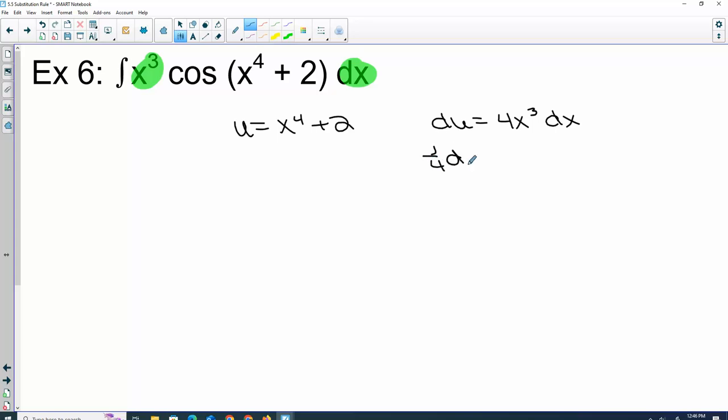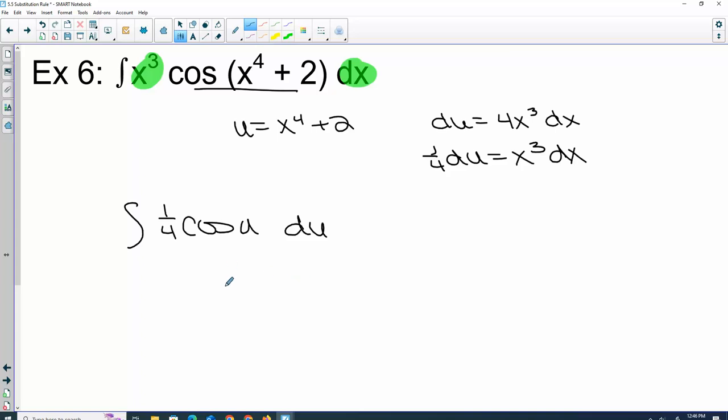So 1/4 du will replace the x cubed and the dx together. So when we integrate, we have the cosine of u, and the x cubed dx together gets replaced with the 1/4 du. So antiderivative of cosine, 1/4 would just stay, plus C, so at the end, instead of u, we put the original expression.